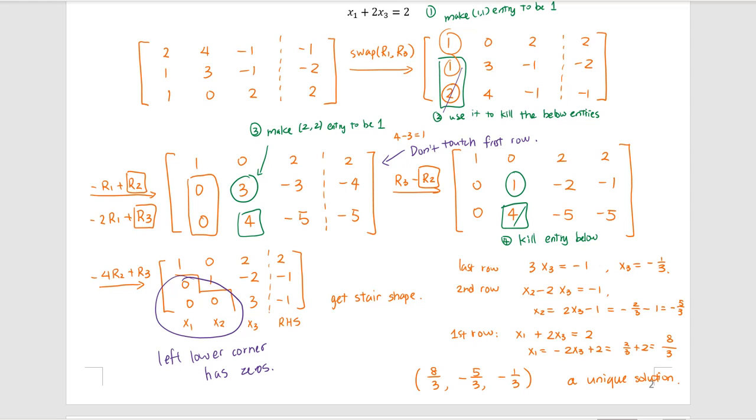Because we look at the last row, and then the second row, and then the first row. So this is the back substitution. Finally, we get a unique solution in this case. But there could be other possibilities, could be no solutions or infinite solutions. So we're going to do more examples in this session, then you can see those cases.